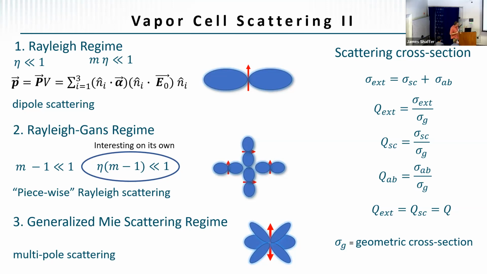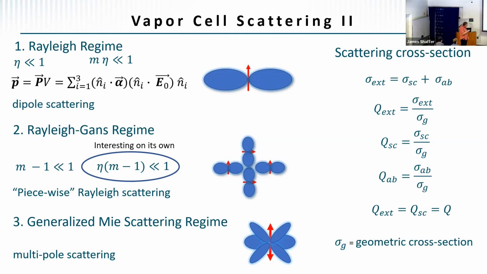And if you already have a dipole resonance, you're going to get dipole scattering, and then you're going to get quadrupole scattering, and so on. So you want to be in the regime where we eliminate all of this, or at least be somewhere where we don't have that at all.